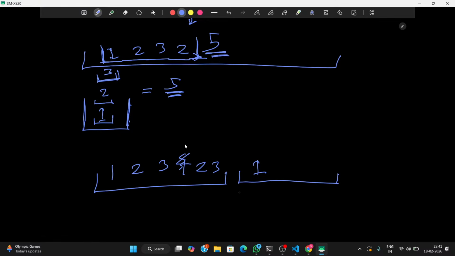And this is not a different segment. This is the same segment, but we are keeping it different because we can start a segment from this one also. We can start a segment from this one also. And both of these are connected. There is no divider between these two segments. Okay. So we will show these segments only.